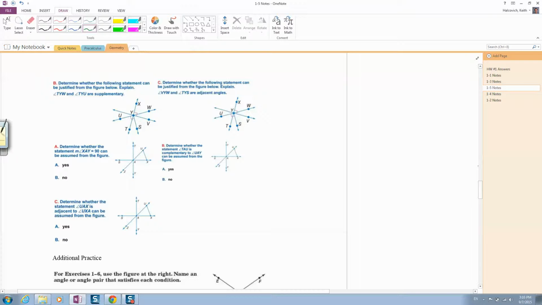Determine whether the following statement can be justified, that TYW, so right here, and TYU are supplementary, and the answer is yes, because it's a linear pair. What about VYW and TYS? Are those adjacent? And the answer is no, they are not adjacent. They do not share a common side.